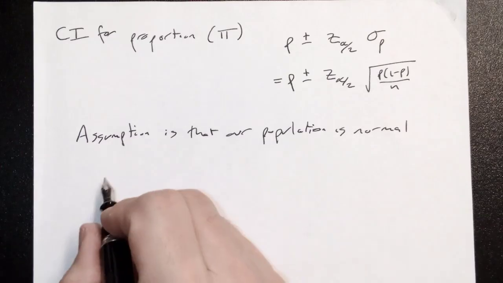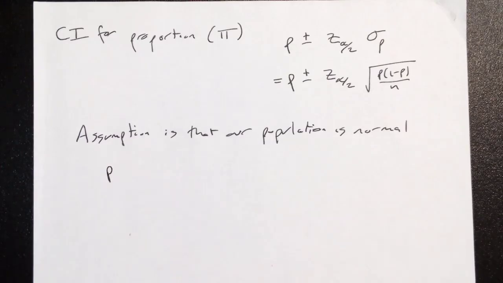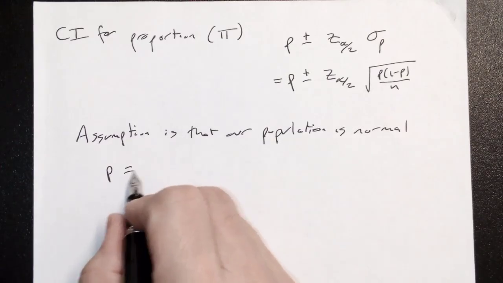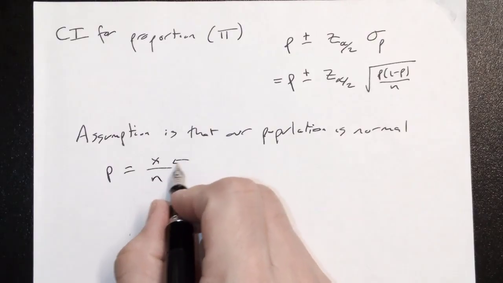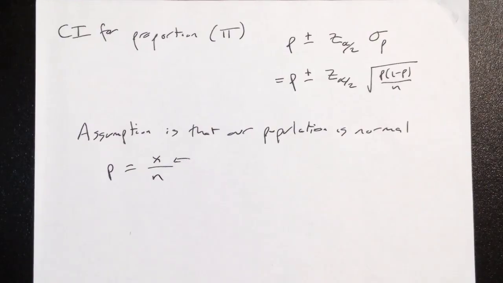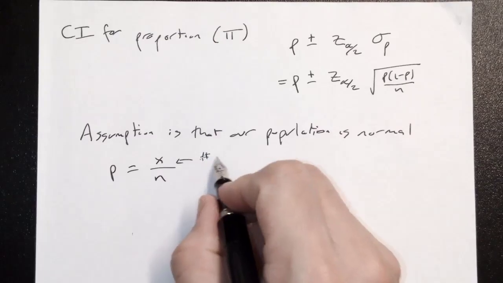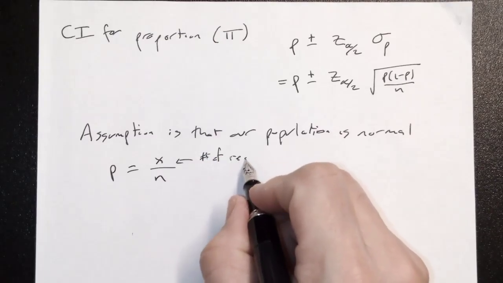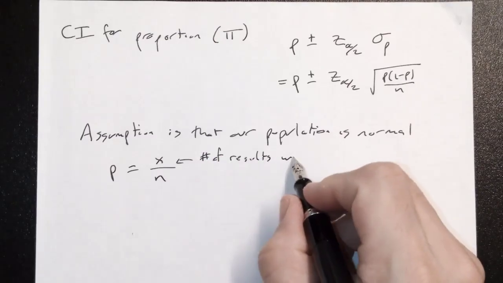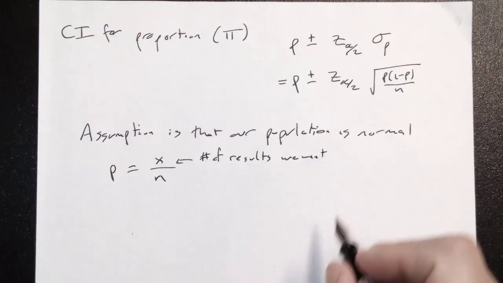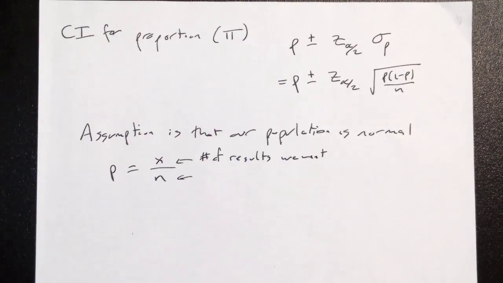Normally, remember that our proportion is determined by the number of things we want versus our sample size.